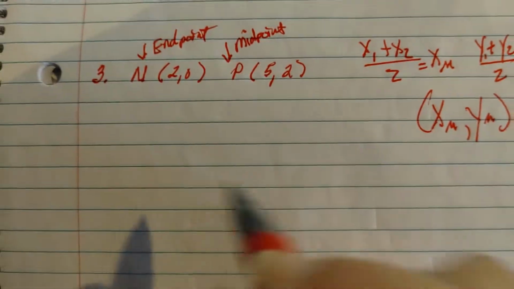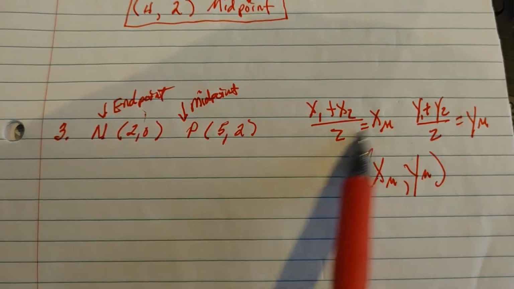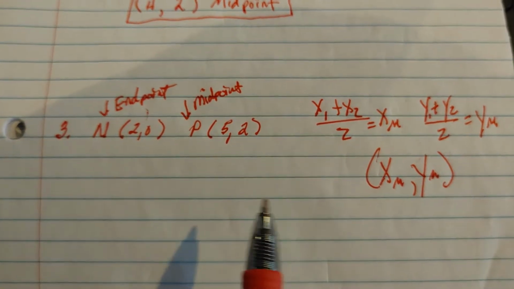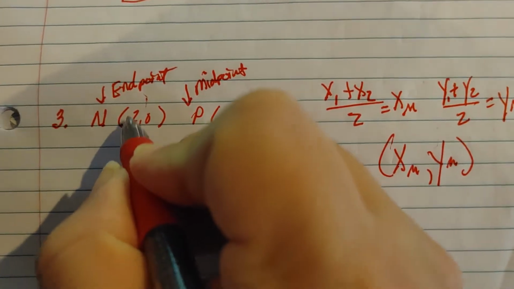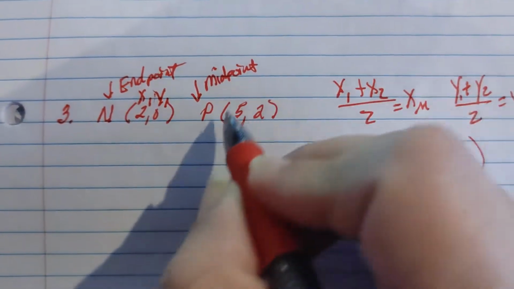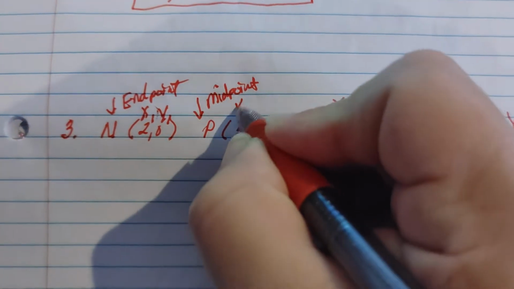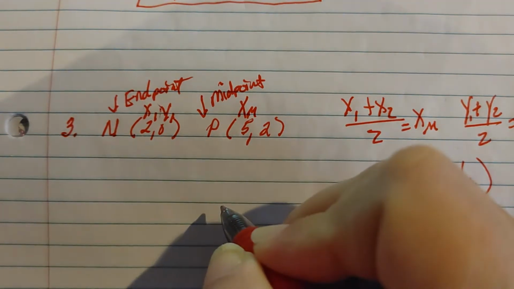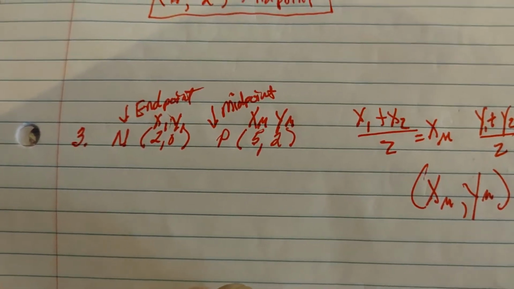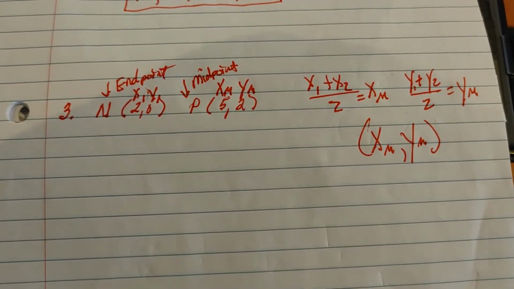Okay, down here we have endpoint and midpoint. So we're going to use the same formula. We're just going to set it up a little differently. So I have my x1, y1, and instead of x2, y2, I'm going to have x of my midpoint and y of my midpoint. And I just put a little m in there to remind me that that's my midpoint.